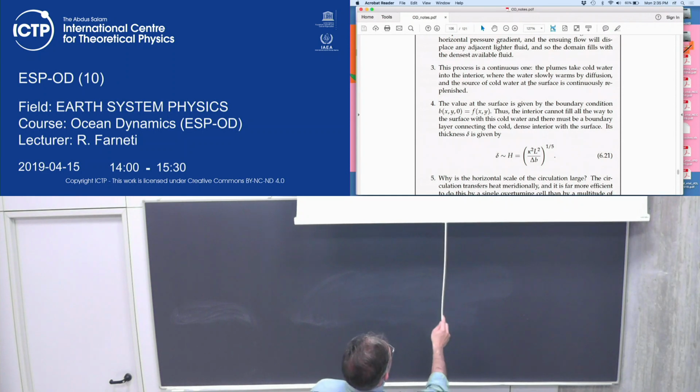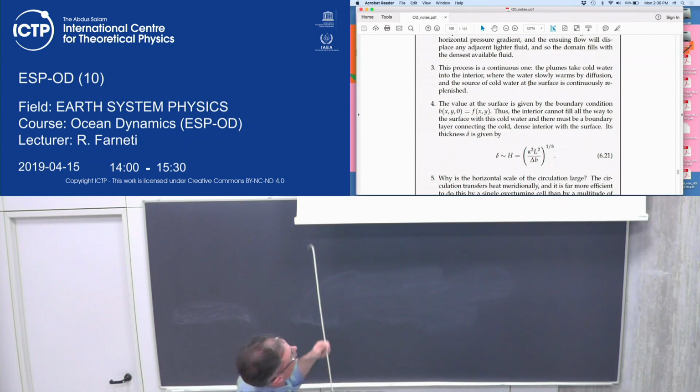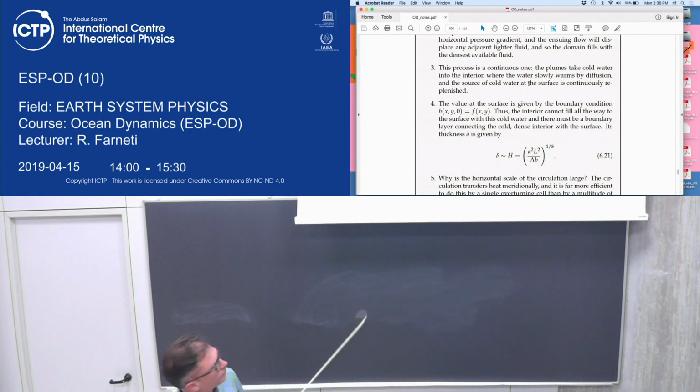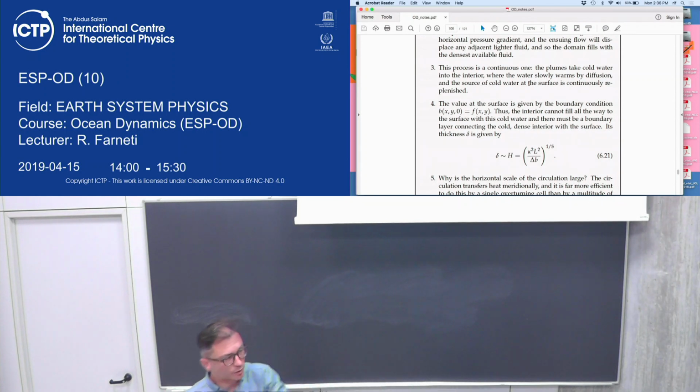And so there must be a boundary layer connecting this very cold water that is filling the abyss and the surface water that is given by the boundary condition. There will be a boundary layer, and the thickness of that boundary layer is given by that height scaling that we derived before. The larger the diffusivity, the thicker the boundary layer. Okay.